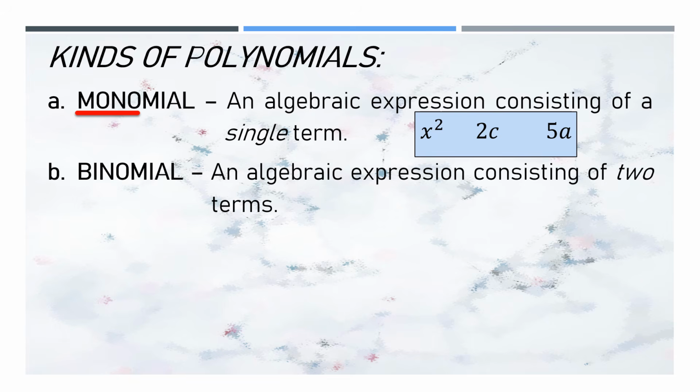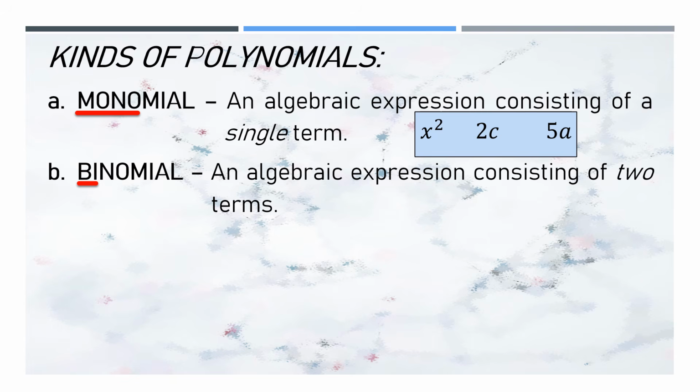The second kind is the binomial. Binomial is an algebraic expression consisting of two terms. Ano yung tatandaan nating keyword? Let us remember the keyword bi, meaning two, like bicycle. Bicycle consists of two wheels, or dalawang gulong. Automatically, when we say binomial, it consists of two terms.